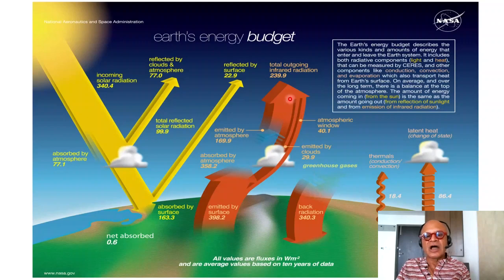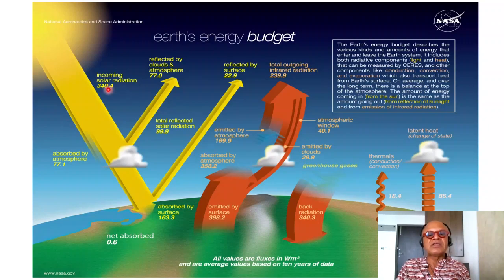But going out is not as simple as we said before, coming down being equal to going out. So coming down here is 340.3 and going out from the surface is 398.2.